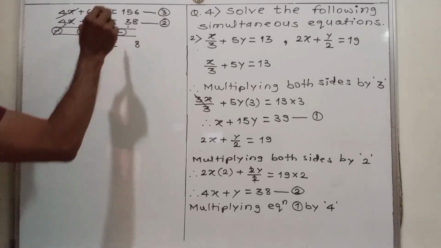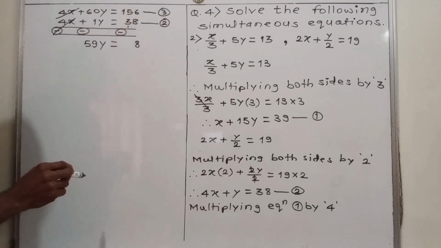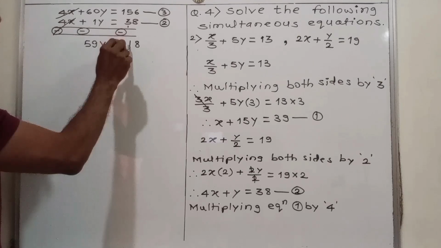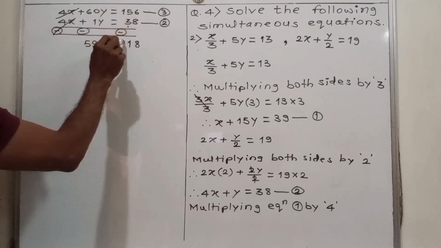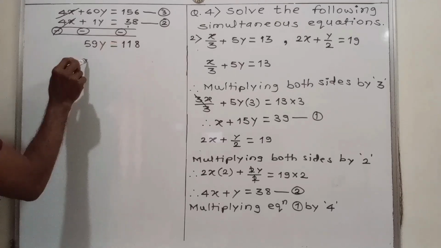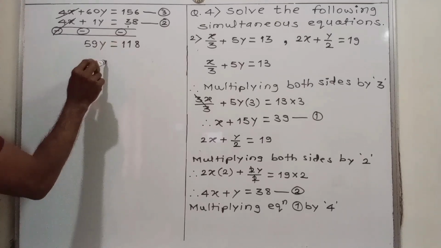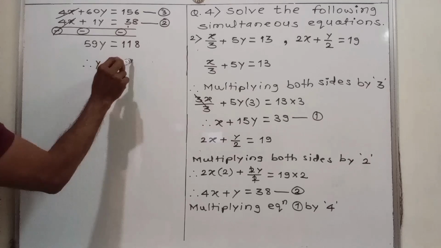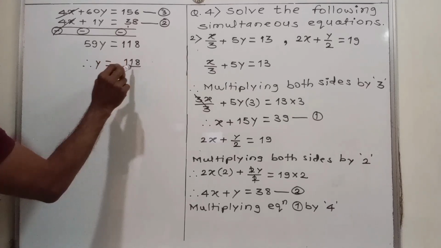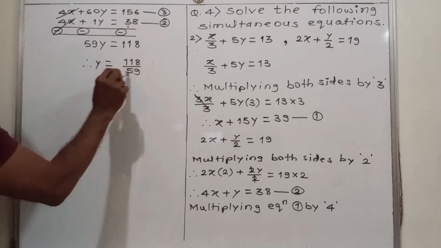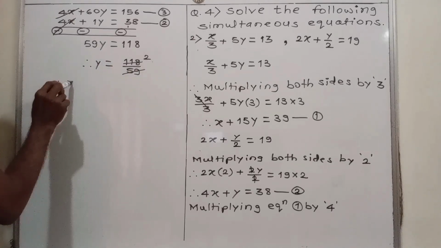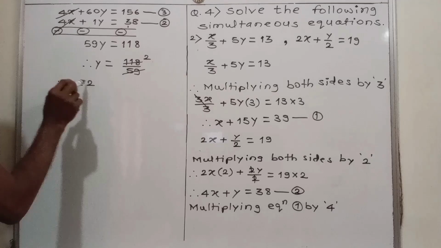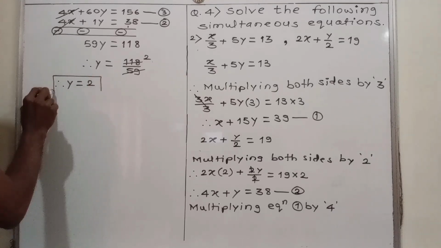No? Here 5 minus 4, what is 1? Therefore, y is equal to 118 upon 59. 59 2s are 118. Therefore, y is equal to 2.